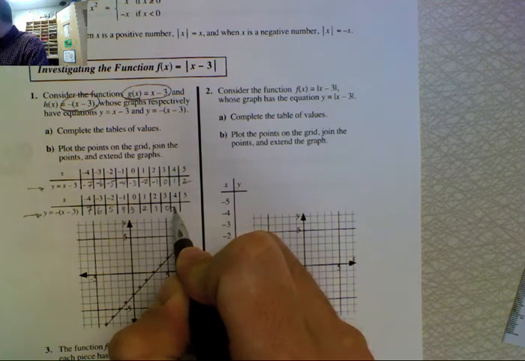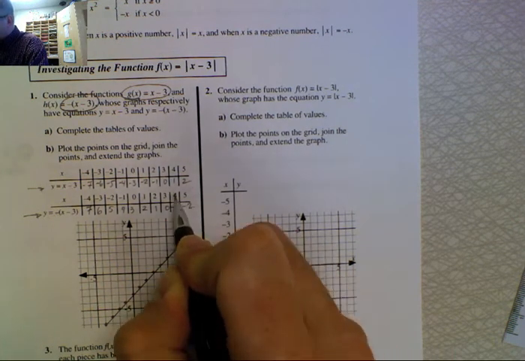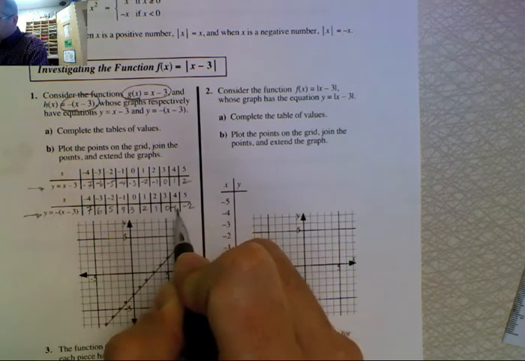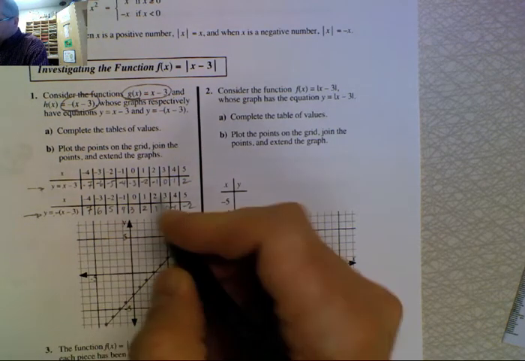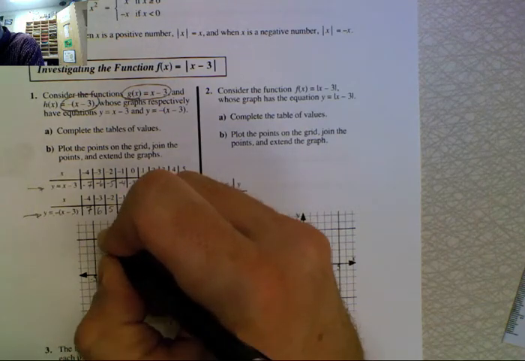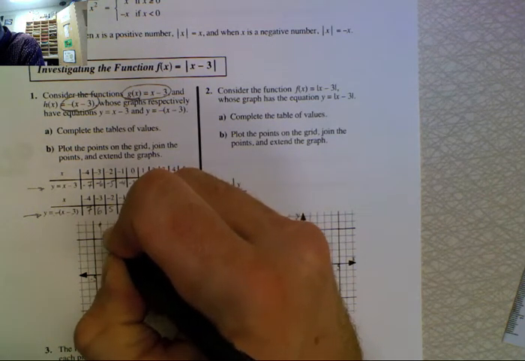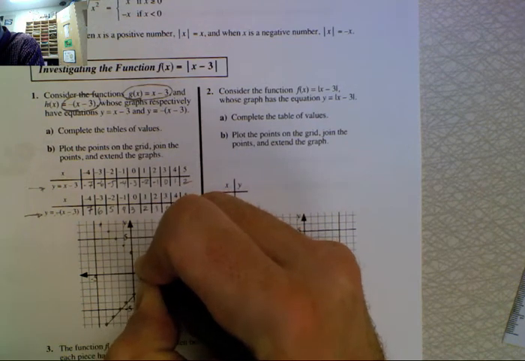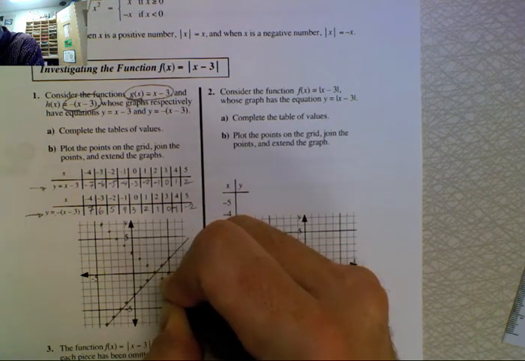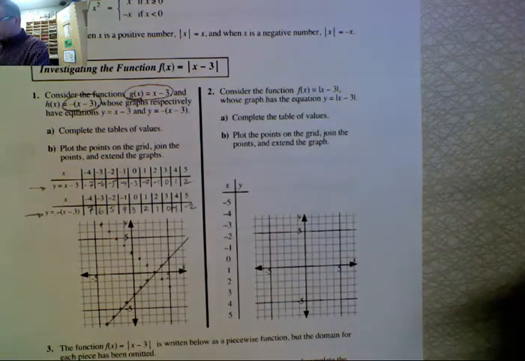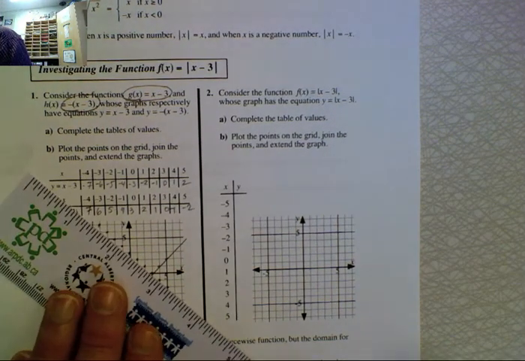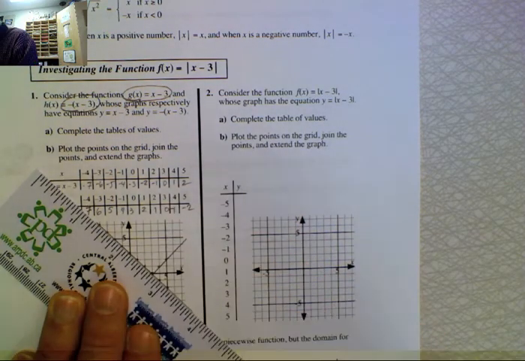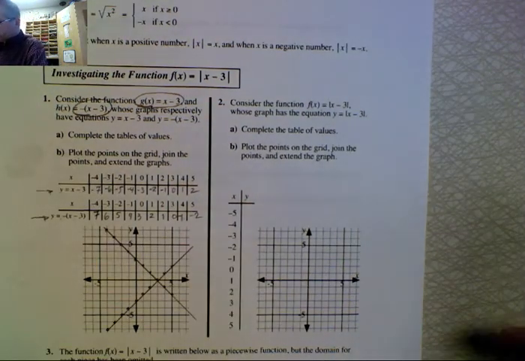Now this will end up being negative 1 and negative 2 because 4 minus 3 is 1, and when we take the negative of it, it gives us negative 1. So if we start graphing this, 7, 6, 5, 4, 3, 2, 1, 0, negative 1, negative 2. We again get two intersecting lines, one sloping upward and one sloping downward.